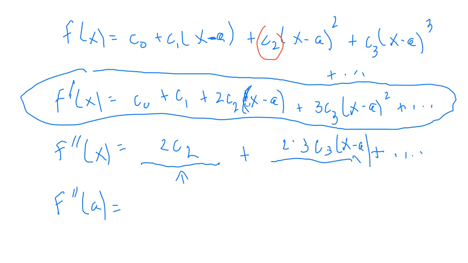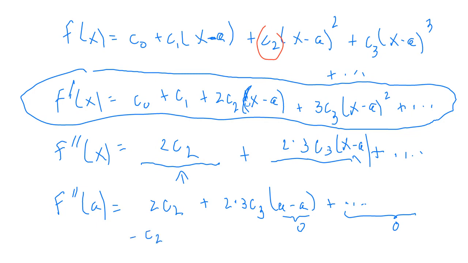If I do that, I'm going to get 2c2 plus 2 times 3 times c3 times a minus a, plus all the rest of the terms, which are going to be 0. So c sub 2 is going to equal f double prime of a over 2.